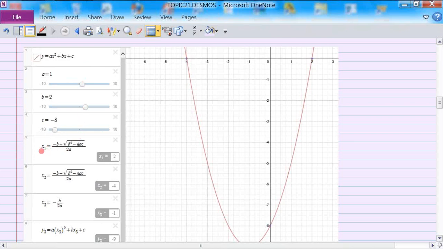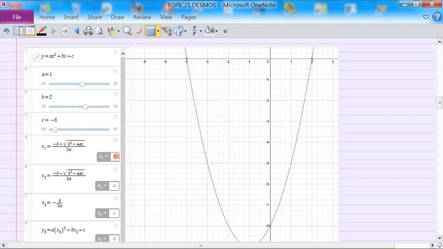To get the x-intercepts, I solve the quadratic equation, and we call x sub 1 one of the intercepts, where I have minus b plus the square root of b squared minus 4ac over 2a, and x2, where we get minus b minus the square root of b squared minus 4ac over 2a.